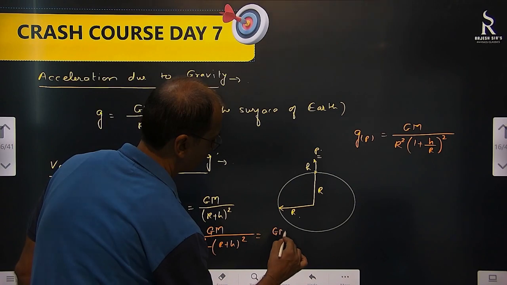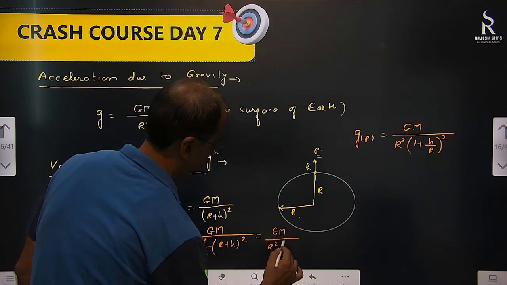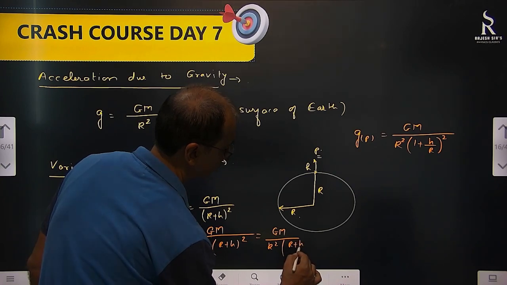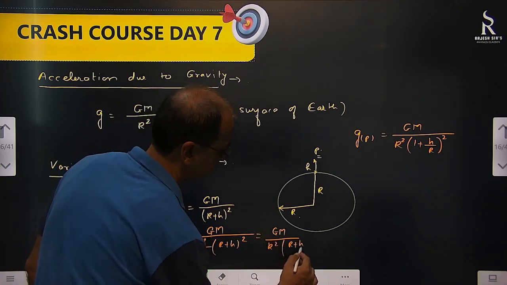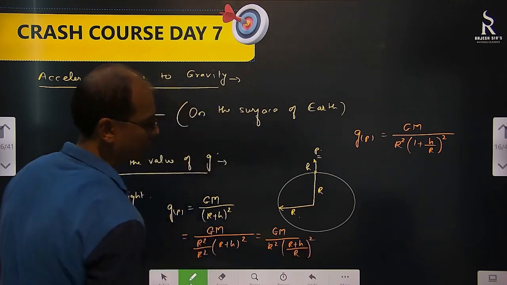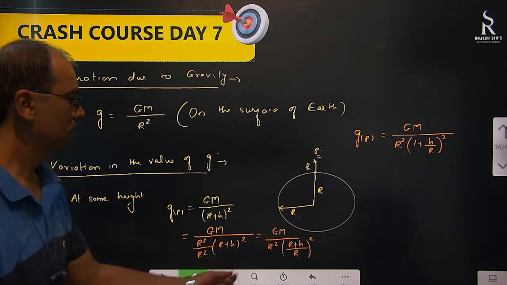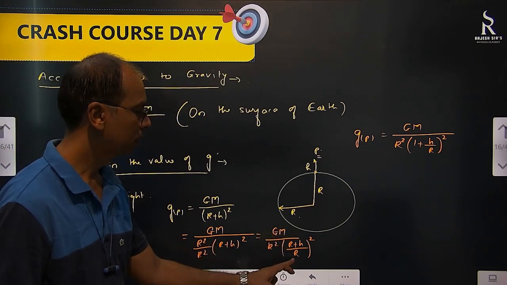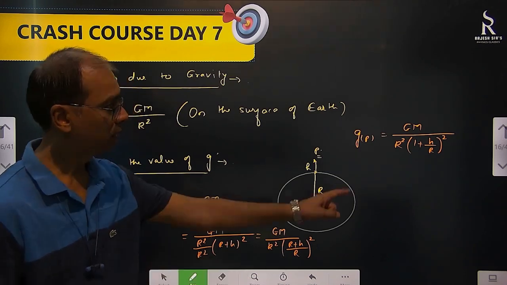So GM by r square is as it is, and you took this one inside, so (r plus h) whole square by r square. Square only. So what is it now? 1 plus h by r. That's what I have.